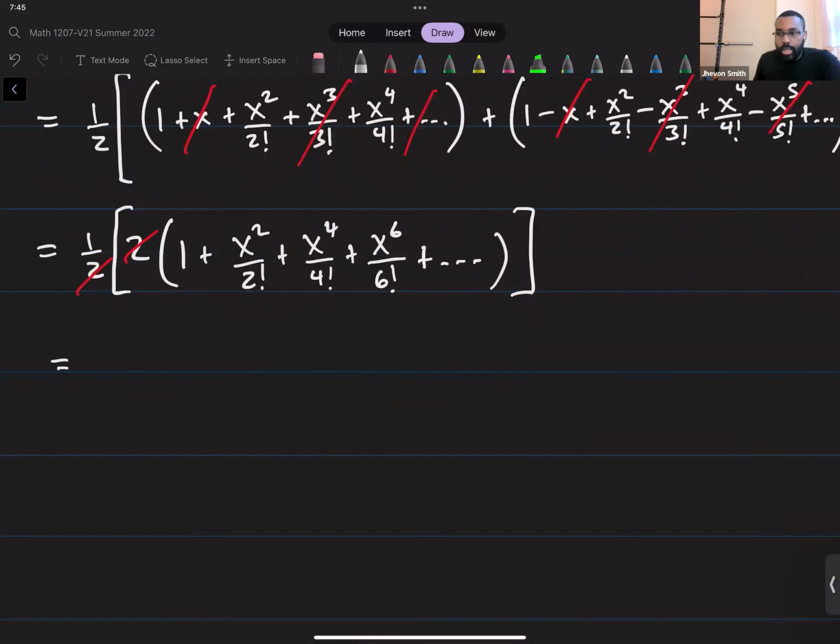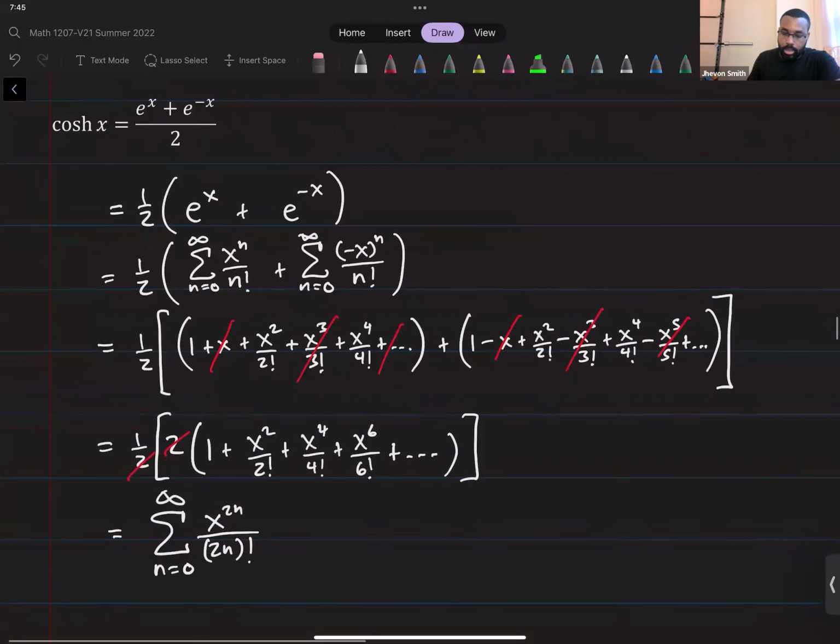And when you write this as a series, you realize the form that it looks like. It looks like x to the 2n over 2n factorial, which looks a lot like our cosine. The only difference is there's no alternating sign. It's hyperbolic.